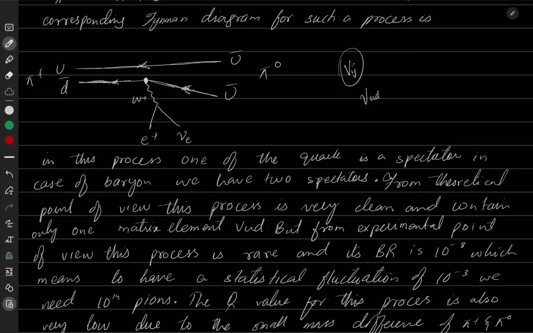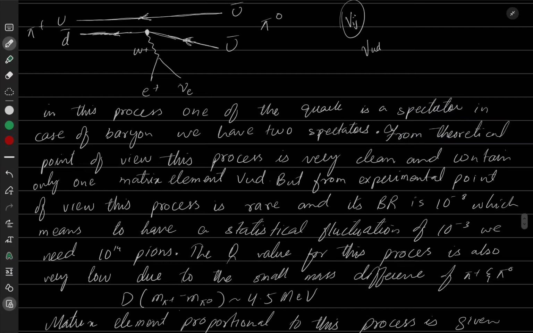So in order to have a statistical fluctuation of 10 to the minus 3, I mean in order to have a small error, we need 10 to the 14 pions. And another problem is that the Q value of this process is also low, because the mass difference of the two pions is very small.